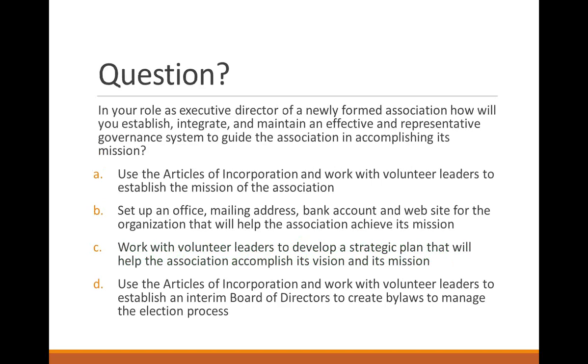Okay, let's move on to the next question then. In your role as executive director of a newly formed association, how will you establish, integrate, and maintain an effective and representative governance system to guide the association in accomplishing its mission? Again, I'll give you a few minutes and then ask for responses.